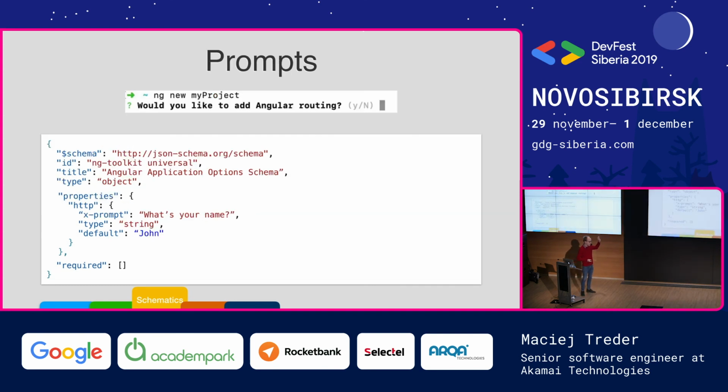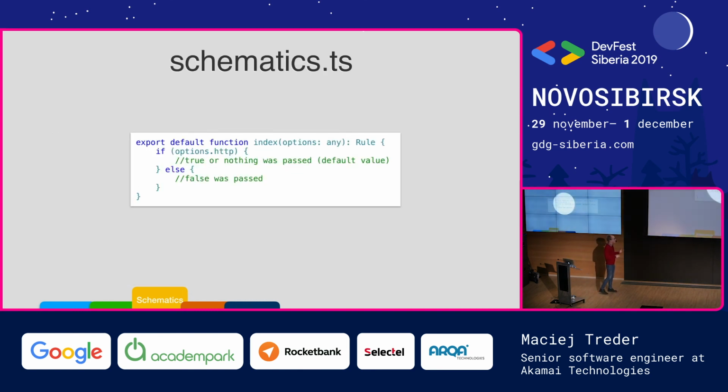I will ask him for adding the -- option something, or I can prompt him with the question and just ask if you want that or not. And then I will collect all of that information and I can use it with the options parameter which I have inside my schematics.